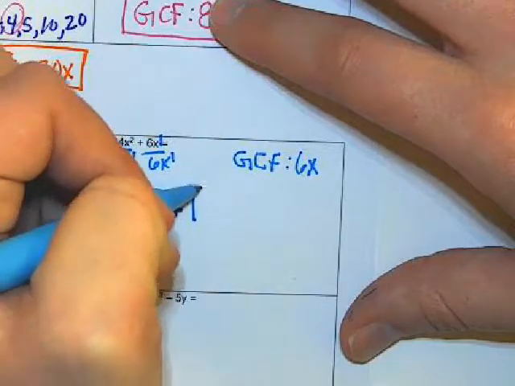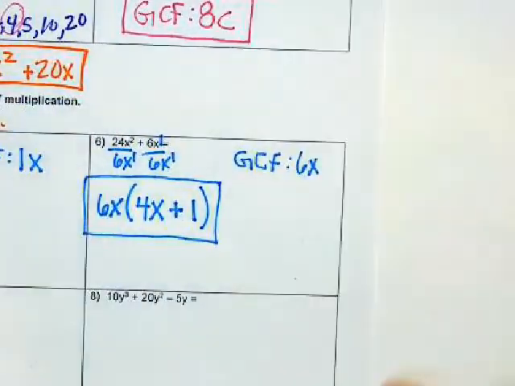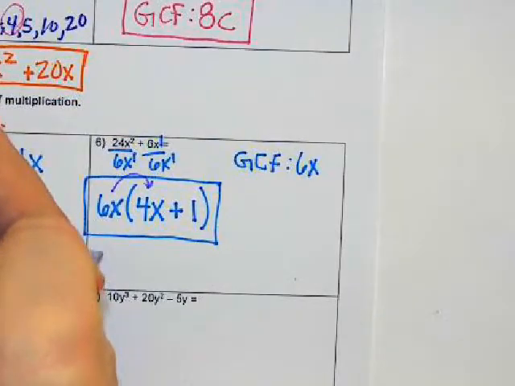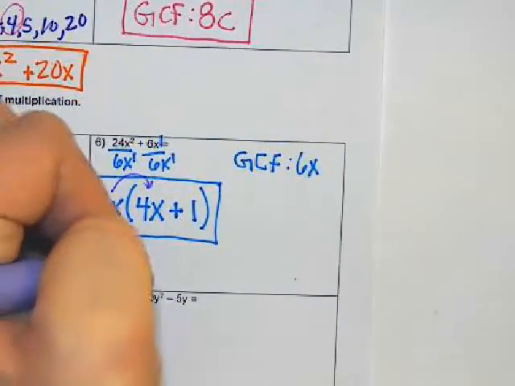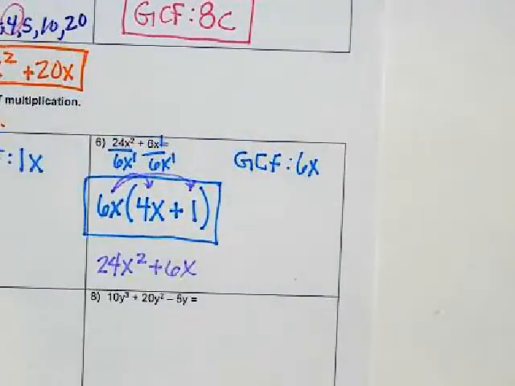Do I need an x? No. And that's my answer. How do I check it? Distribute. 6x times 4x. 24, x squared, 6x times 1. Is that what my problem was? Yes, so I'm right. Brandon, pick your head up, please.